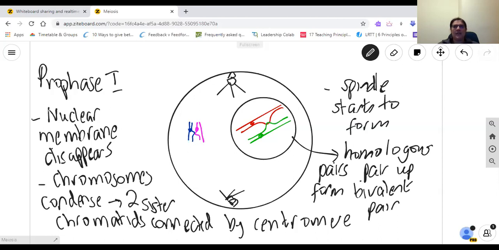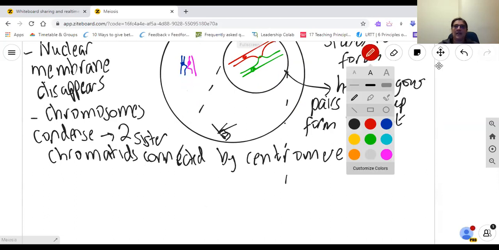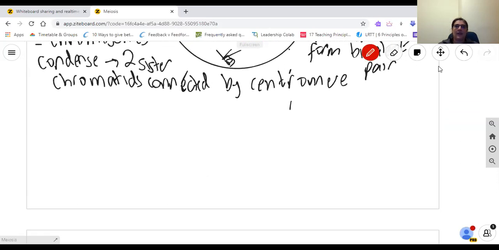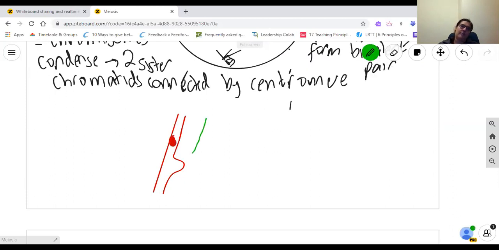Now, let's look at what's happening at this bivalent pair. So let's take a little bit of a picture of that. Let's go down and have a look. So we have 1 chromosome, and it seems to have formed a join with its pair over here, like that.